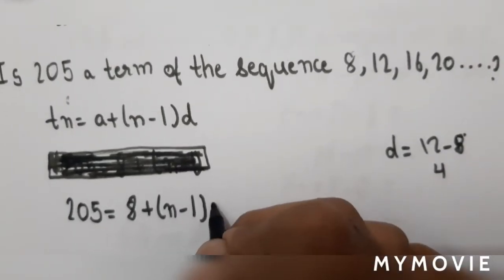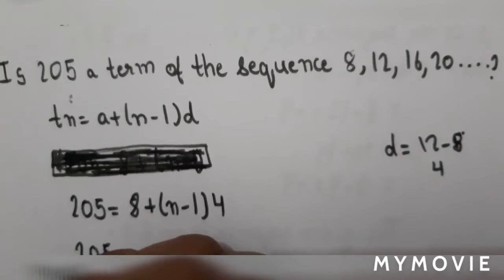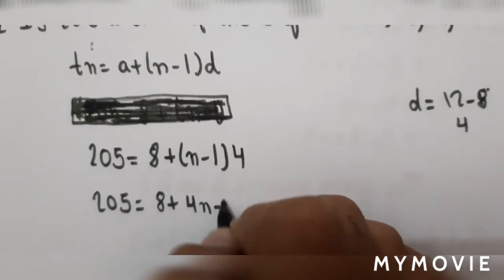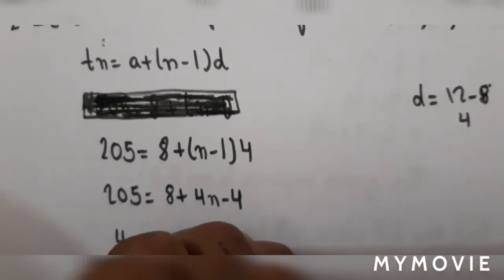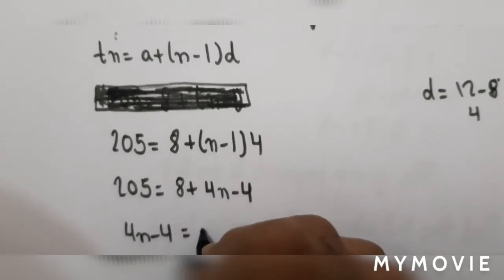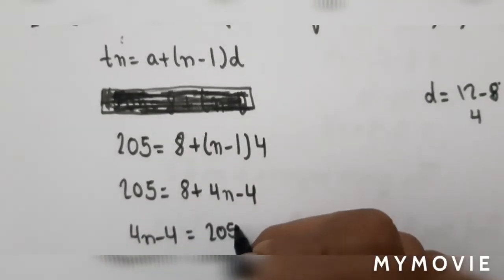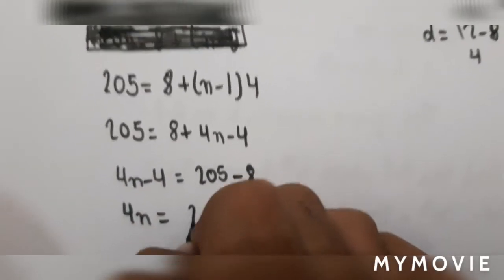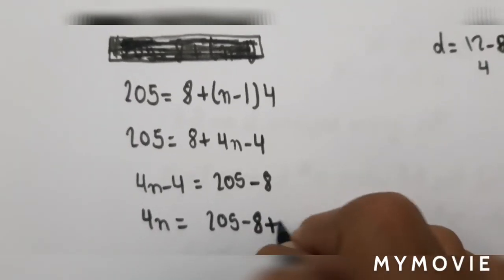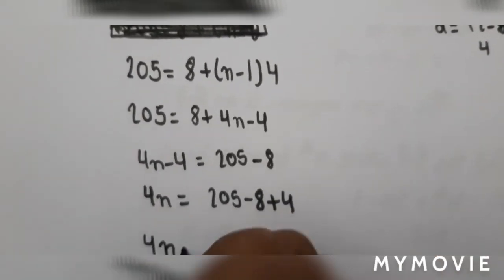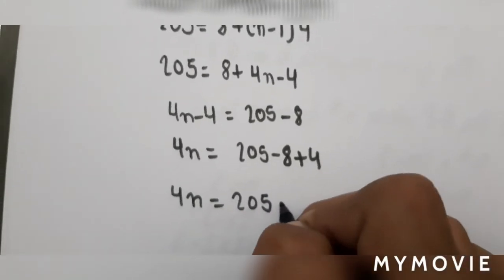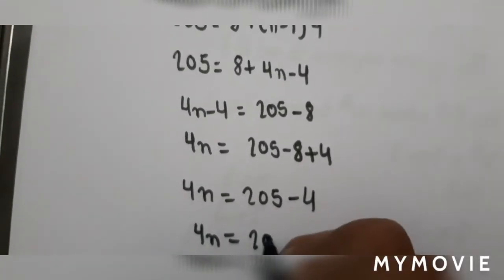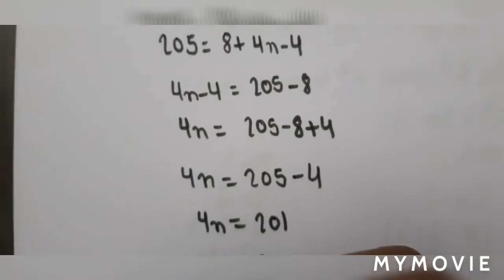So 4 is our common difference. So 205 is equal to 8 plus 4n minus 4. So take 8 to that side, 4n minus 4 is equal to 205 minus 8. Then take minus 4 to that side, then 205 minus 8 plus 4. So you will get 4n is equal to 205 minus 4. So 4n is equal to 201. So n is equal to 201 by 4.